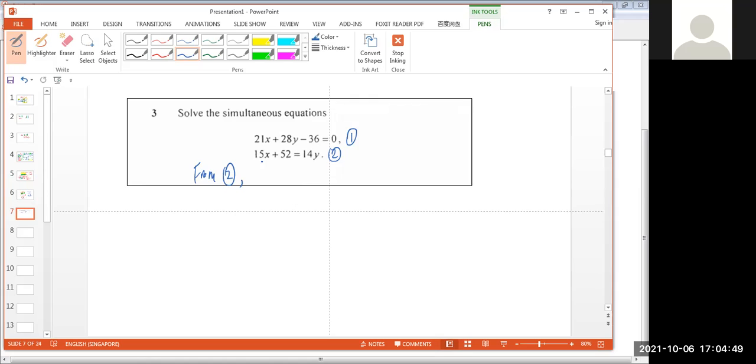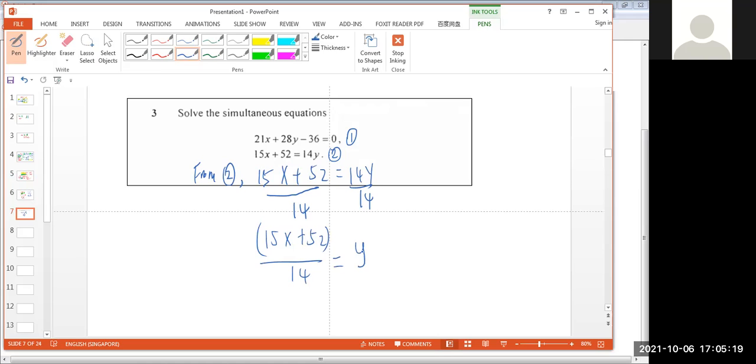Because can you see that this is equation 2, so it's 15x plus 52 is equal to 14y, given by the question. So what I need to do is I just need to divide by 14 on both sides, and then you will see I will get 15x plus 52 divided by 14, and then my right hand side will get y already.